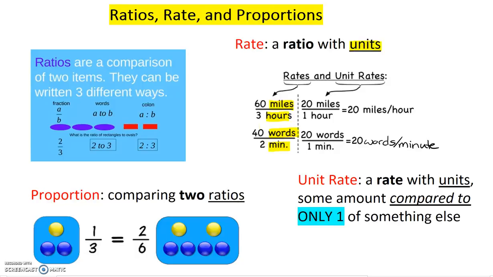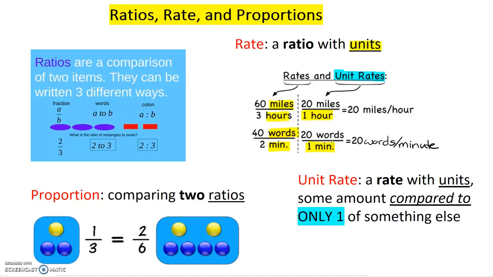If we break it down into something called a unit rate, what is that? A unit rate is a rate where we're comparing an amount to only one of something else. In this case, we're comparing the 20 miles to just 1 hour, the 20 words to just 1 minute, and that makes it a unit rate.